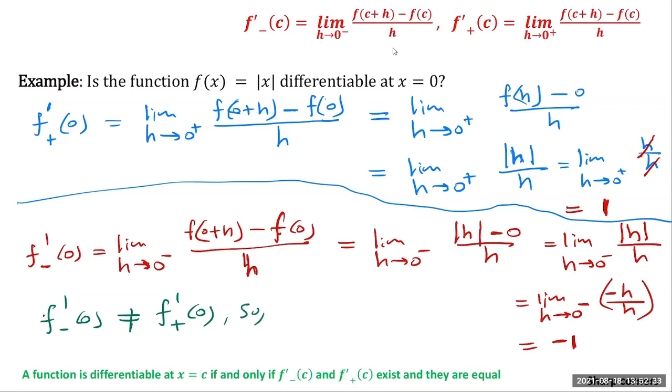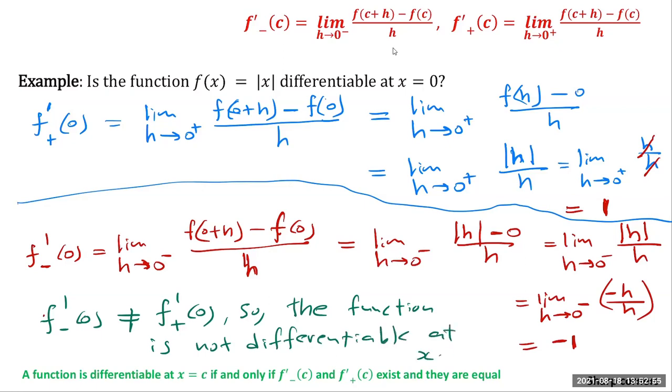So the derivative, or you can say the function, is not differentiable at x equals 0. Okay, that's the conclusion, because the left derivative and the right derivative are not equal.